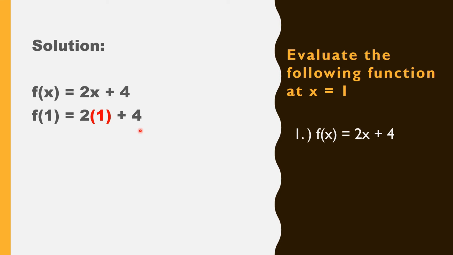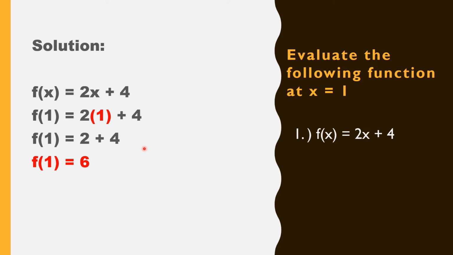Okay? Now, simplify. So, we have here, copy, f of 1 equals 2 times 1. This means we will multiply. So, 2 times 1, that is equal to 2. And then, copy plus 4.